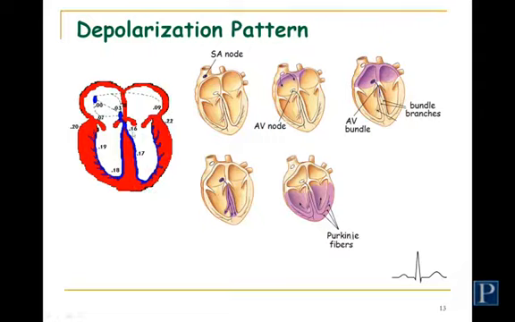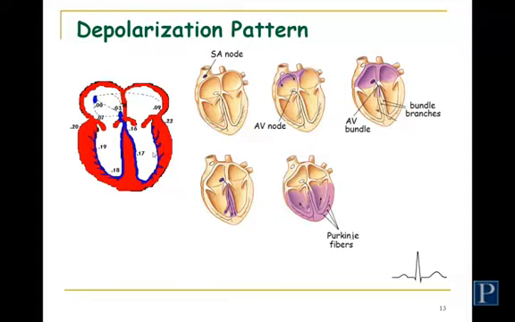You'll notice that if you compare the time here to over here, 0.16 to 0.22, it takes about, if I do the math right, about 0.06 seconds, or 60 milliseconds, for all of the ventricles to depolarize. That's pretty quick. Again, tell me why all the ventricles can depolarize in 60 milliseconds when the atria took 90 milliseconds and the atria are smaller.